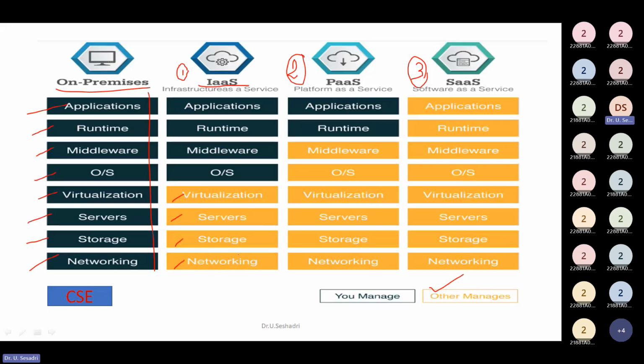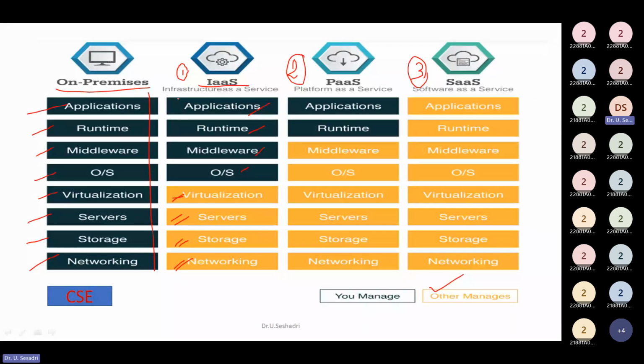Whoever is providing the service, that person has to manage. Suppose we are using AWS, AWS will take care of networking, storage, servers, virtualization. We only have to manage the operating system and middleware to develop your application. We have to choose the tools and the platform runtime, and then finally we have to deploy your application. We'll take care of this part only.